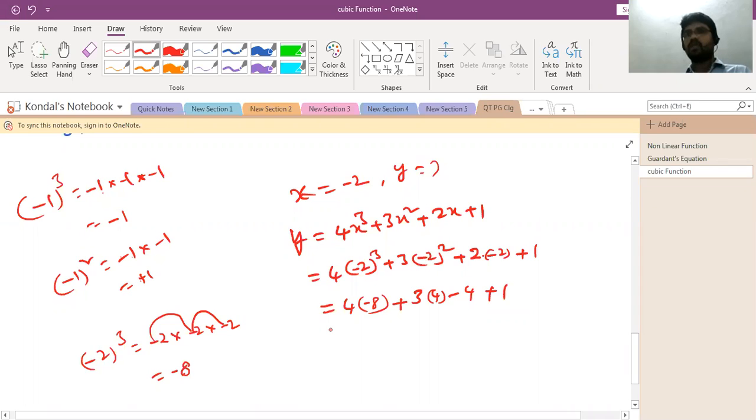So here plus into minus, minus 4 into 8 is 32, plus into plus, plus 3 into 4 is 12, minus 4, plus 1. So we can add the positive values here.